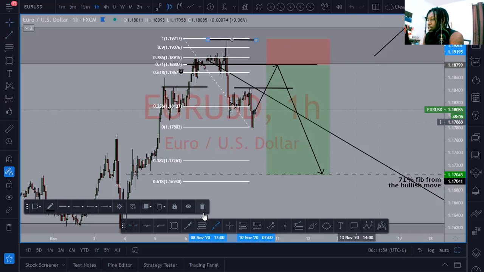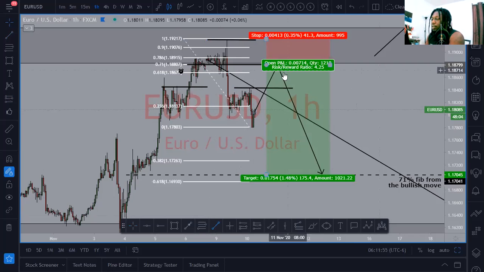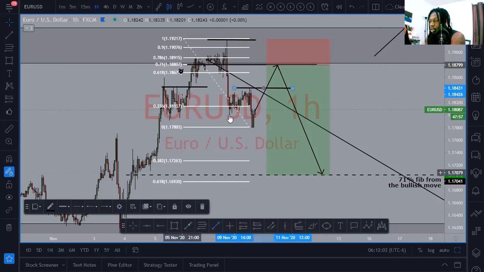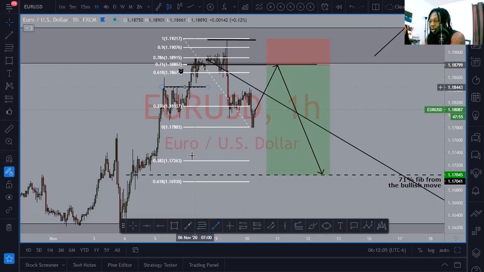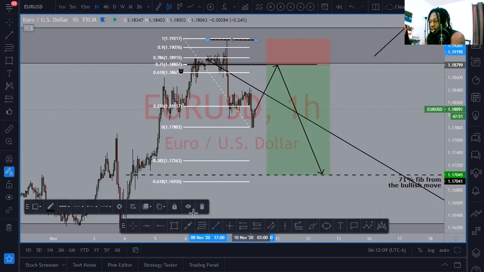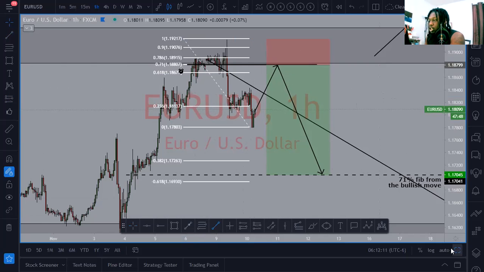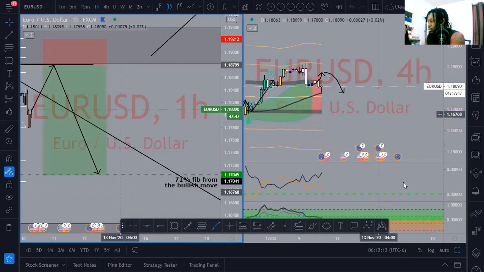So still gotta watch out for that, but I want to see this ultimately happen: climb up, reject, and then continue to the downside. So that is EU. Let's go ahead and look at arbitrage and see what it has for us.